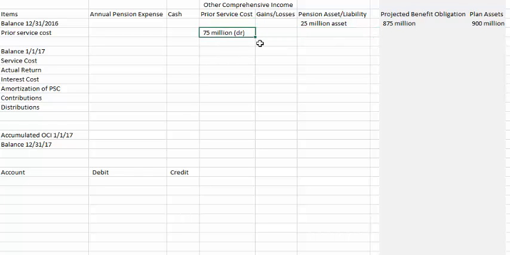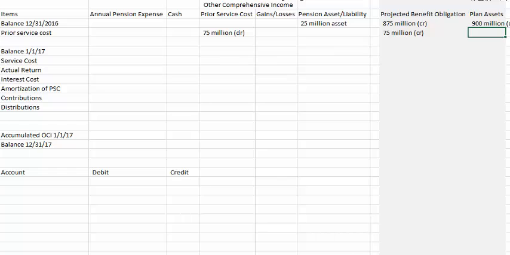What happens with that change in the plan is that we now owe an additional $75 million to our employees, and that's going to be a credit, because a liability, an obligation, is a credit. So I should be consistent and start here with a credit, and the plan assets would have a debit balance.